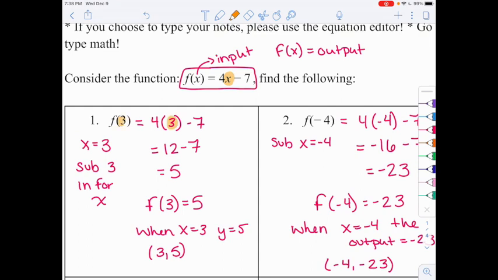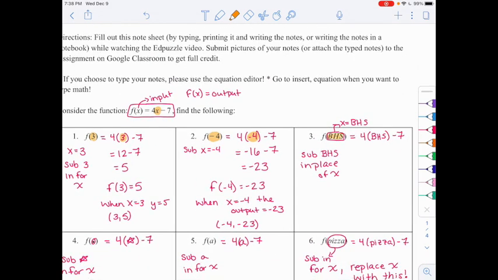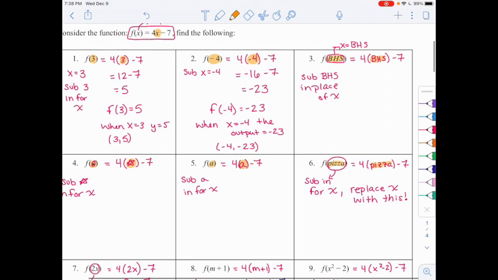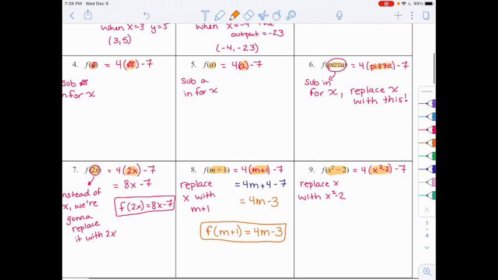Instead of the x, I'm putting everything in replacement of that. For every single one of these, instead of the x, I put whatever was in its place. Didn't matter if it was a word, or a single letter, or a string of letters, or another expression, right? I'm just taking whatever was in the parentheses and replacing my x with it.